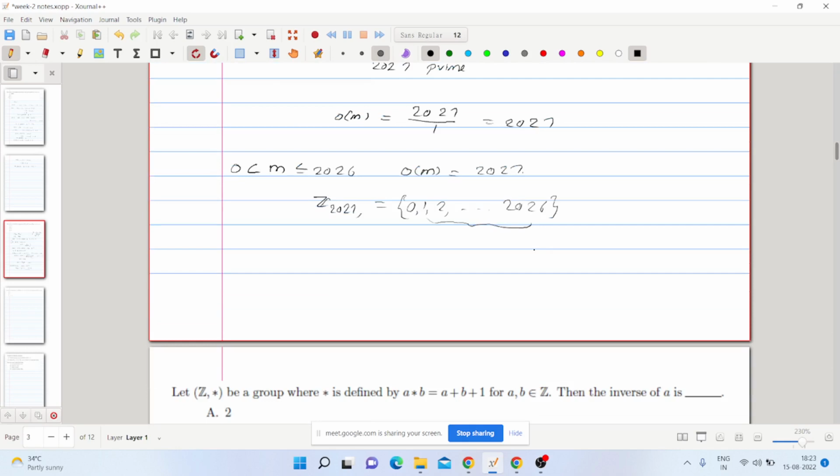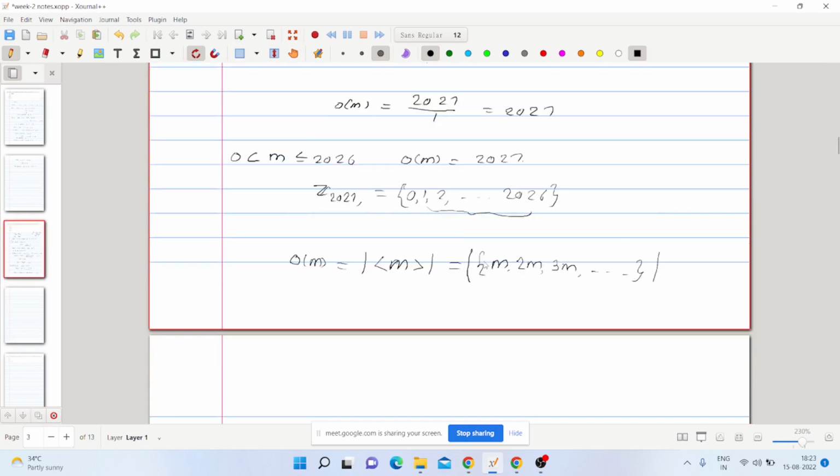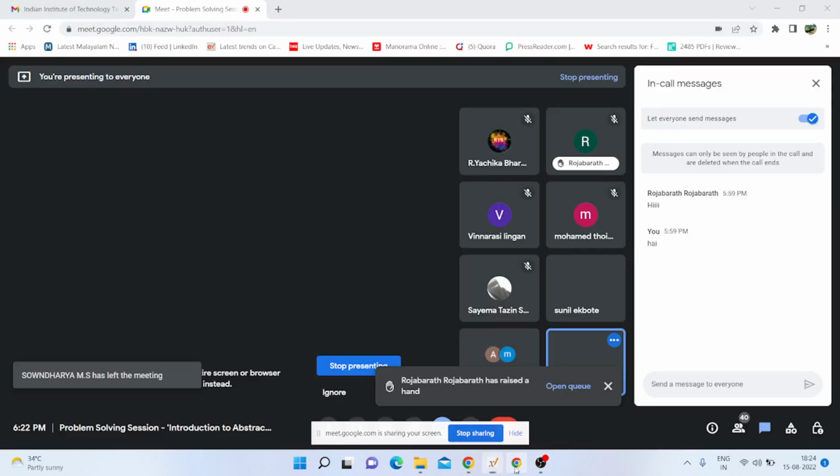The order of m equals the cardinality of the generator of m, right? What is the cardinality of the generator of m? The generator of m is m, 2m, 3m, etc. Here m, 2m, 3m, all these elements are distinct, right? Okay, are you able to follow?